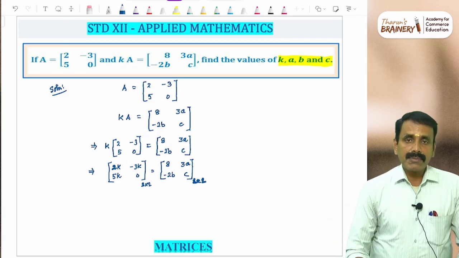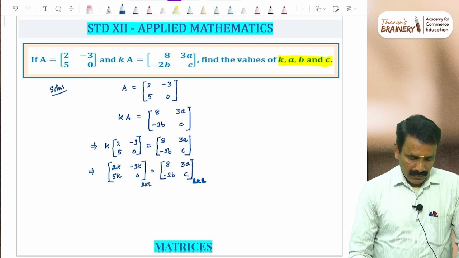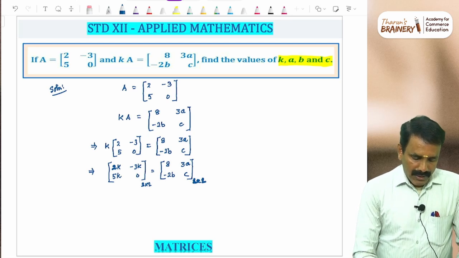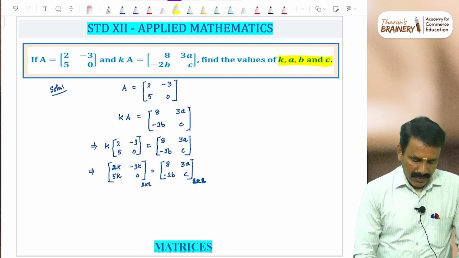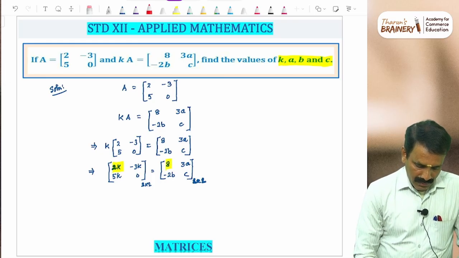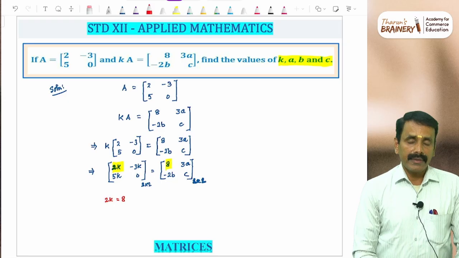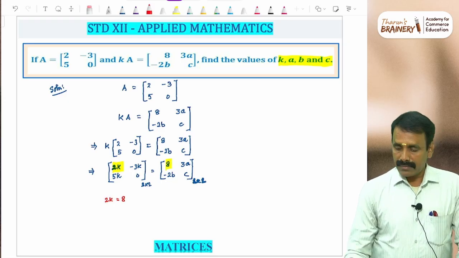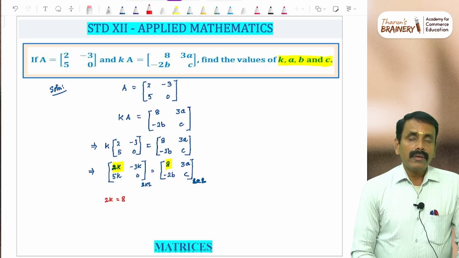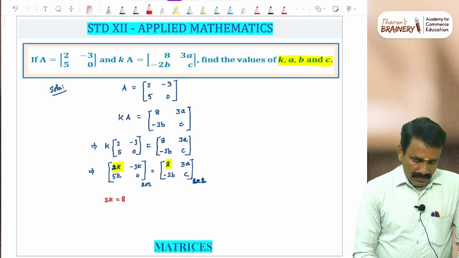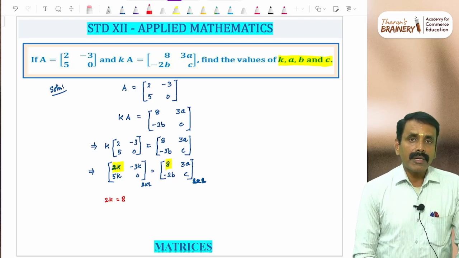Now how to simplify this expression? Because these two matrices are equal, the corresponding elements will be equated. So we get 2k is equal to 8. I want to get the value of k, but 2 is appearing with k. So we try to remove that 2 which is in multiplication with k.